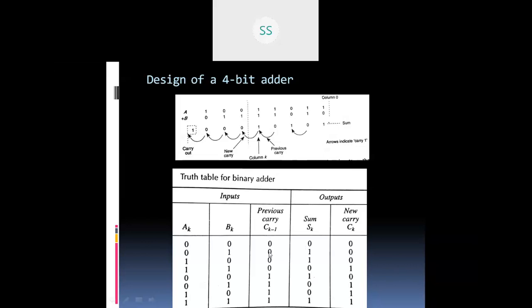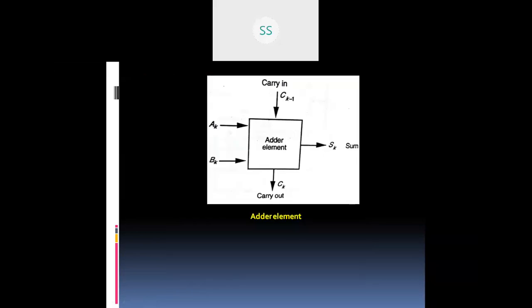Now with this we are going to write the adder equations, the adder equations in the standard form. It is not a carry look ahead adder. It's the adder in the standard form. We are representing one adder element because this is the one which is going to be repeated.